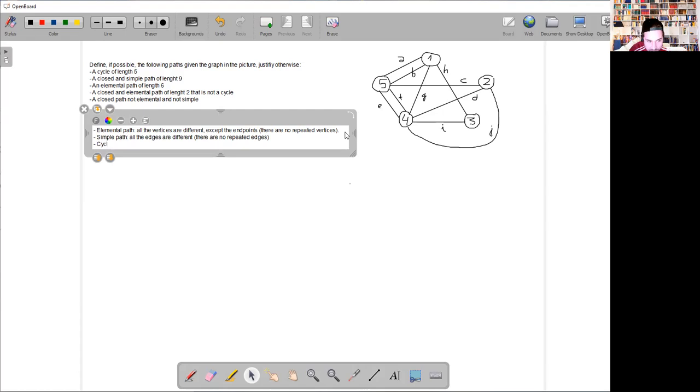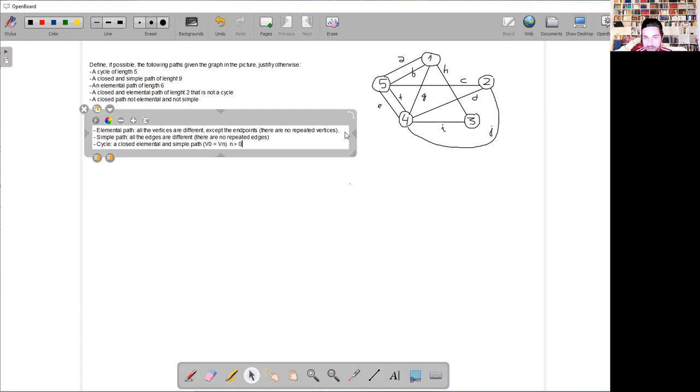And then we have a cycle, which is a closed elemental and simple path. So that means that if it is closed, the first node is the same as the final node, and we have a number of nodes greater than 0.